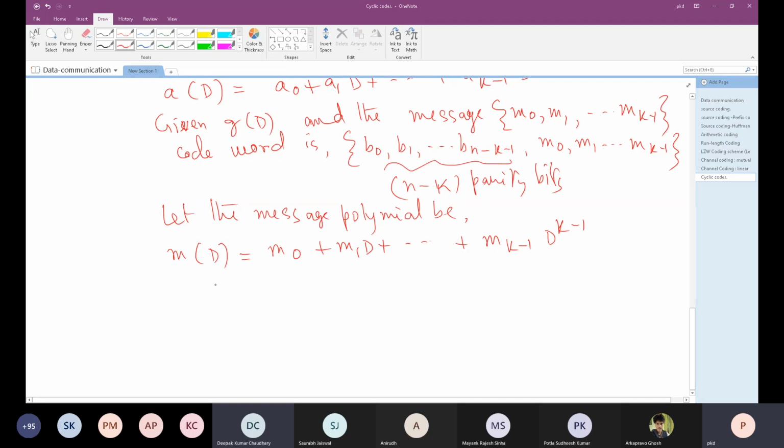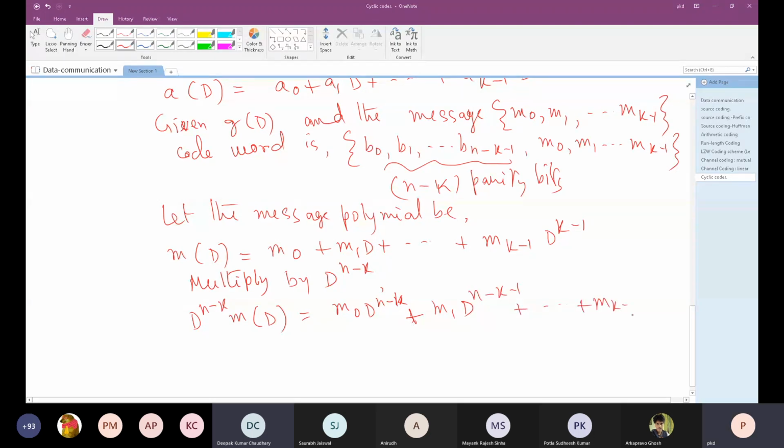If we multiply by D to the power n minus k, we will have D to the power n minus k M(D) equal to M0 D to the power n minus k plus M1 D to the power n minus k plus 1, plus up to M(k minus 1) D to the power n minus 1.